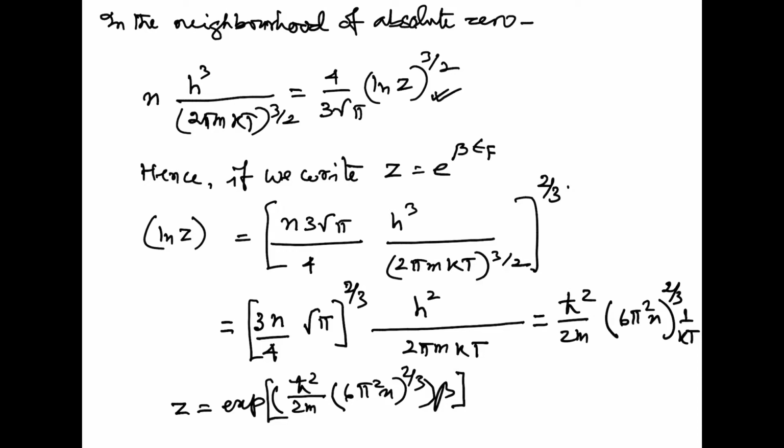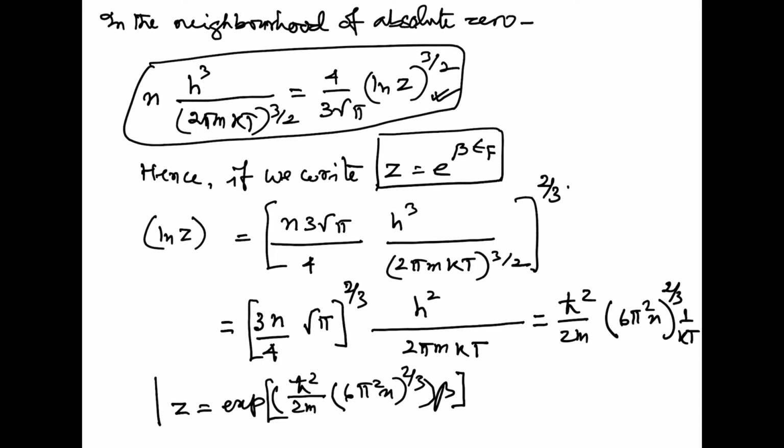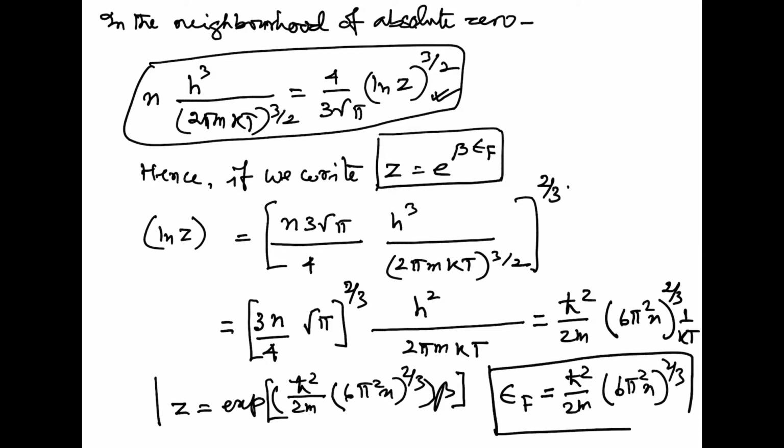That beta is 1 by kT. So comparing these two, where we have written z equal to e to the power beta epsilon_F, and this z which we have found from this expression, we get epsilon_F equal to h cross square by 2m, 6 pi square n to the power 2/3. This is epsilon_F, and this epsilon_F is called Fermi energy.